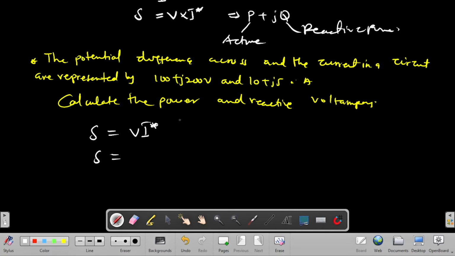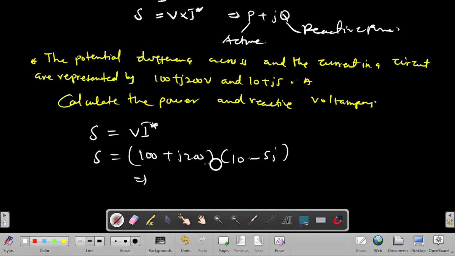My V was given as 100 plus j200, multiplying 10 plus, since it's the conjugate of a complex number, you only have to negate the imaginary part, so minus 5j. Then you do this simple multiplication.